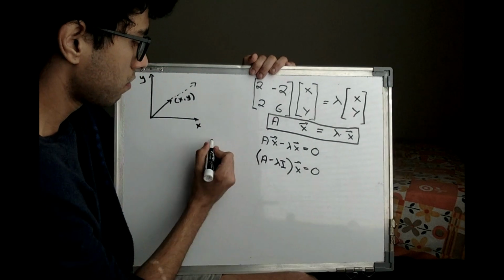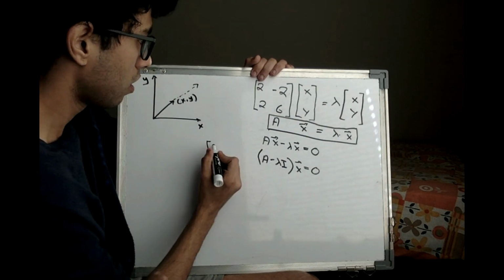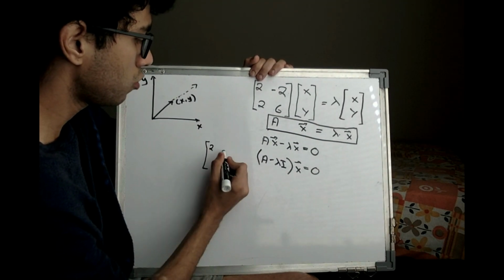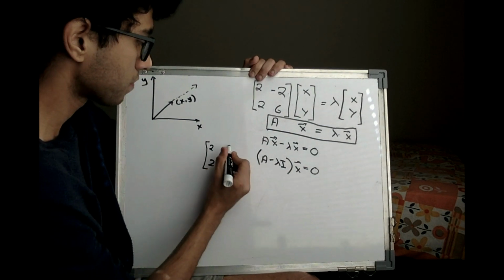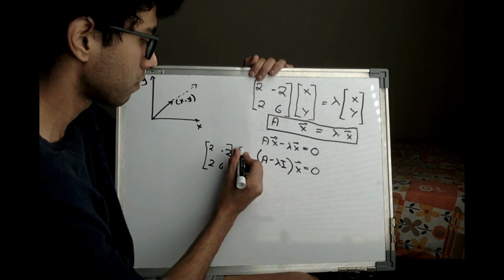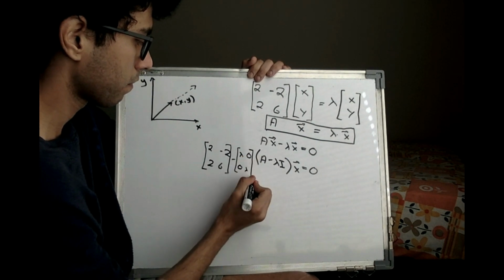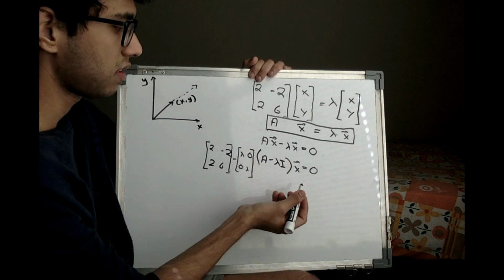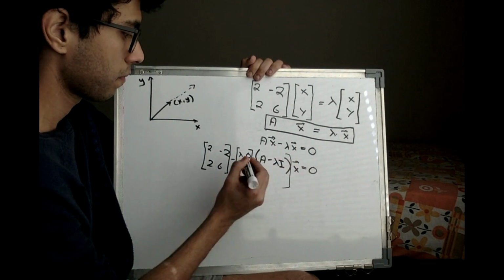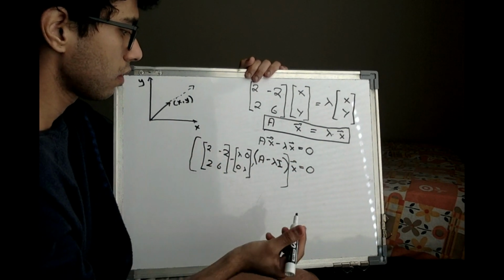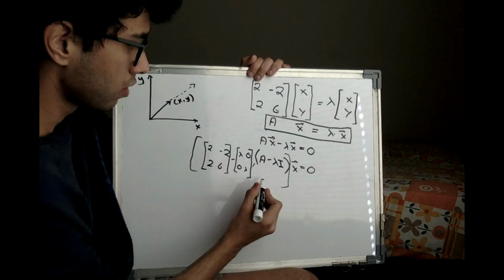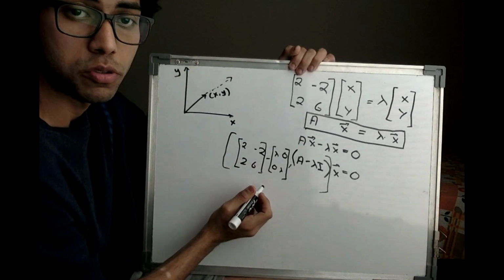So let's do it here. My A is 2, minus 2, 2 and 6, minus lambda I, which is lambda, 0, 0, lambda, which is this A minus lambda I, times x bar equal to 0. So now the determinant of this matrix should be equal to 0.